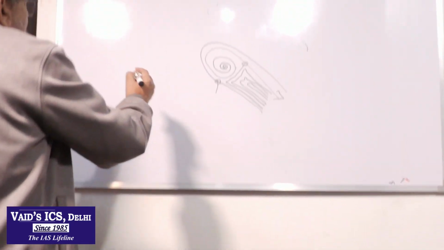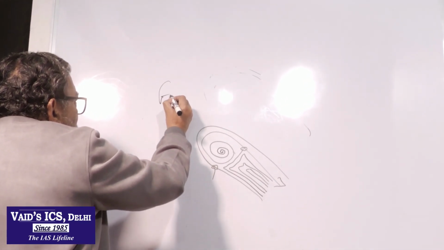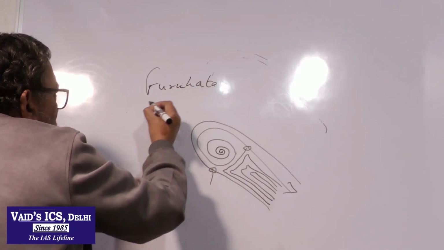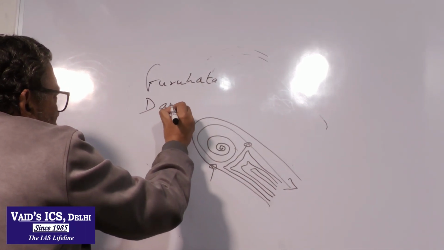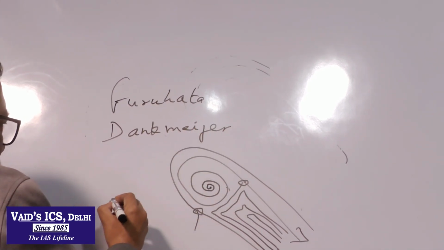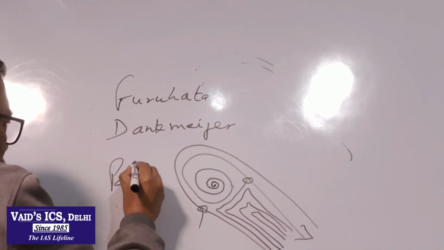And on the basis of these patterns, we had a way to study. We had three indices: the Furuhata index, the Dankmeijer index, and the pattern intensity index.